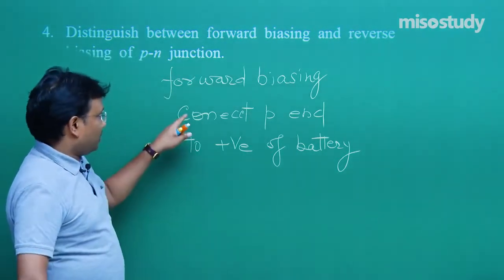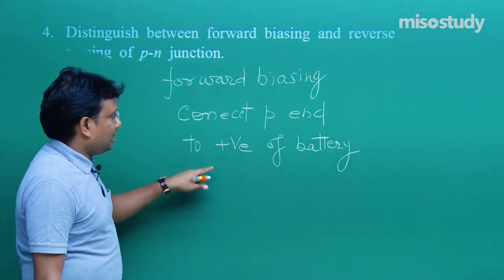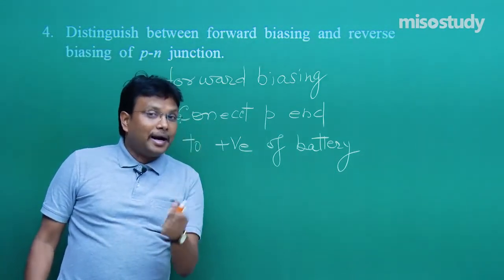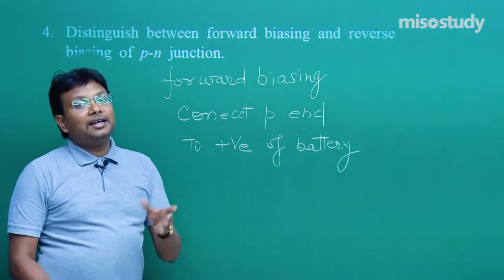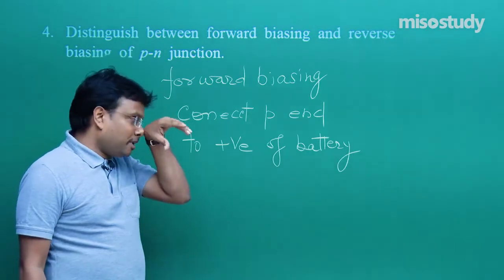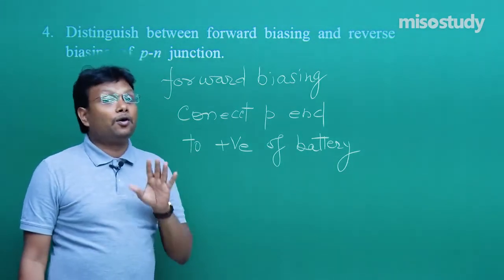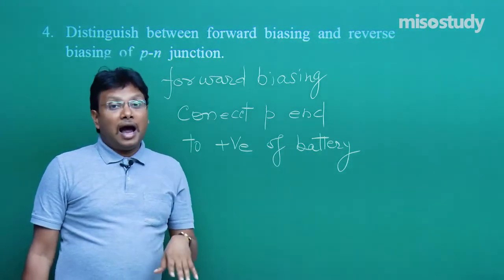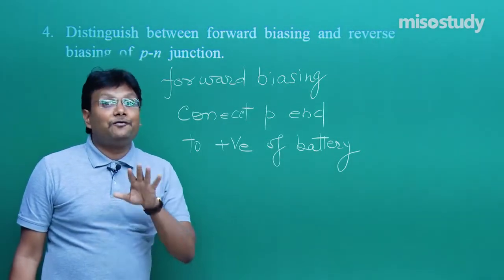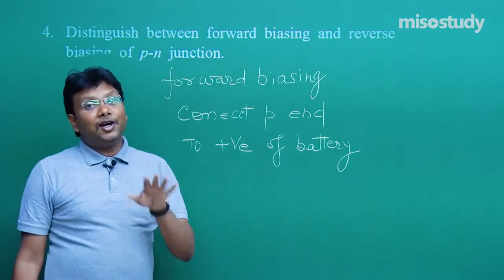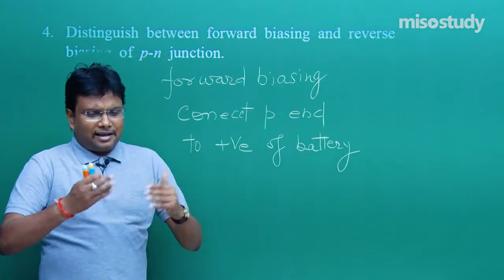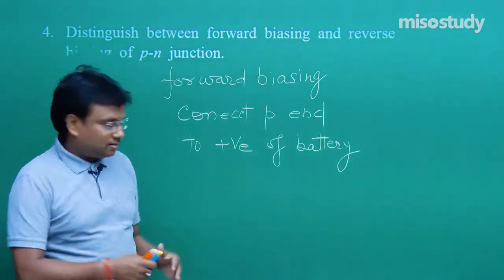So, that is why you can say forward biasing means connecting P end of this semiconductor material with the positive terminal of the battery, and connecting the negative terminal with the P side of the semiconductor is reverse biasing. Diode conducts only in forward biasing, and this is the best application of PN diode as what? As a rectifier to convert AC into DC. Fine. So, all these things are correlated just like in the fashion of a chain.